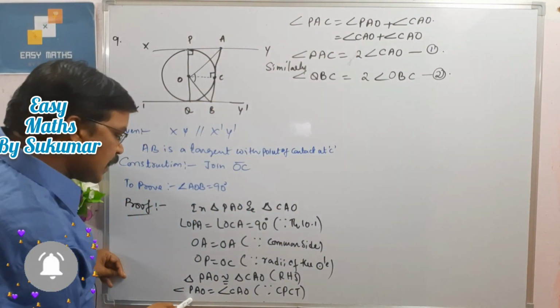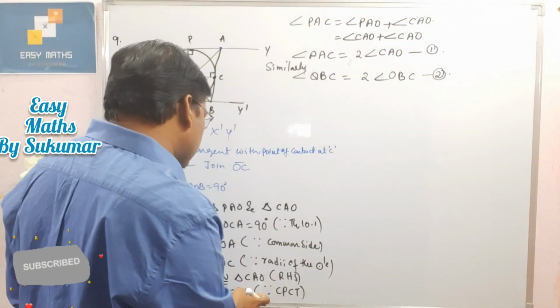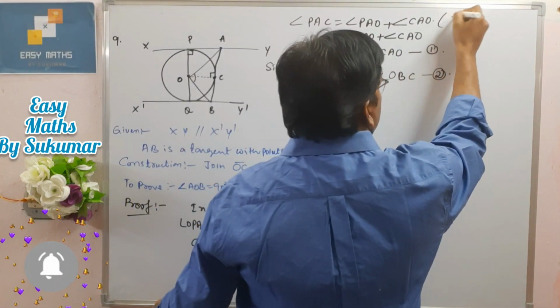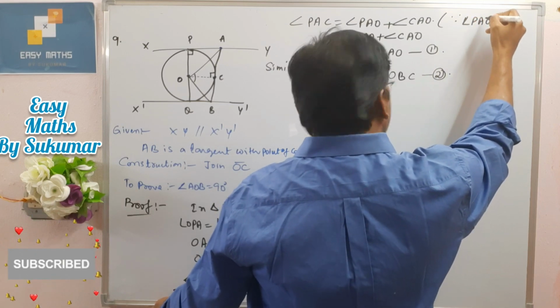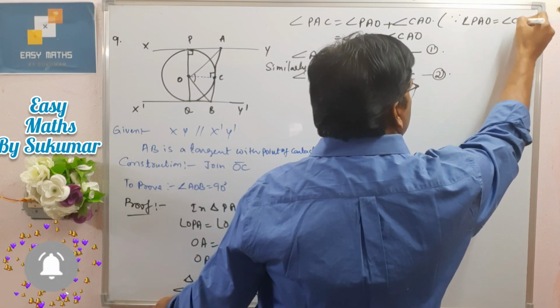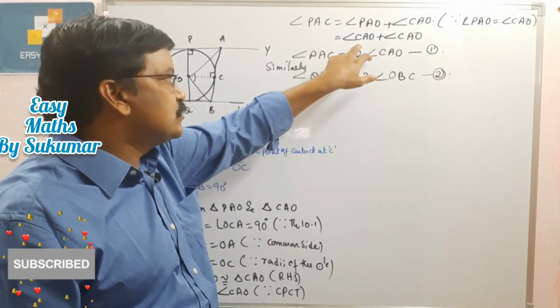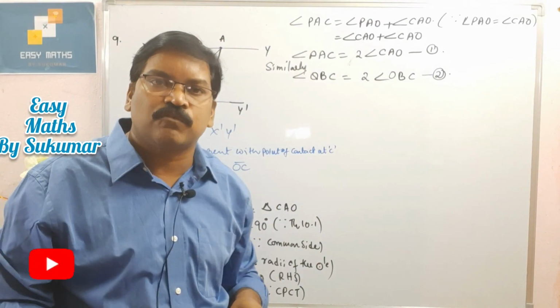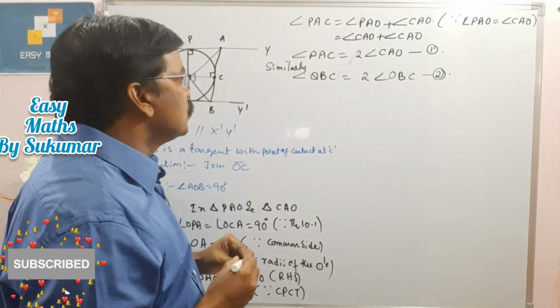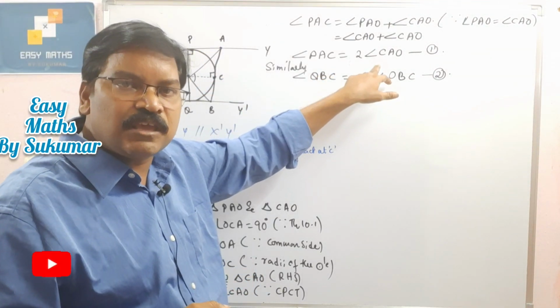But angle PAO and angle CAO are both equal, so instead of angle PAO we can write angle CAO. Angle CAO plus angle CAO is equal to 2 times angle CAO. So angle PAC is equal to 2 times angle CAO.